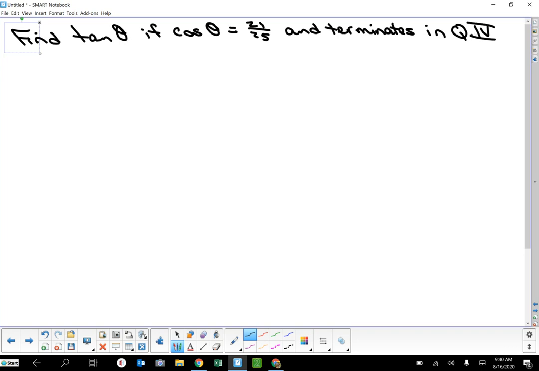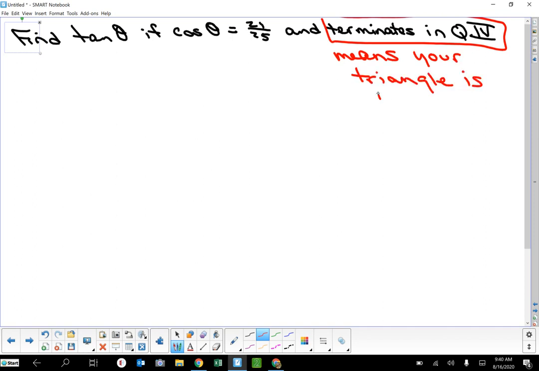Okay, well, what that means is that this part means your triangle is in quadrant 4. So you can draw yourself a triangle.